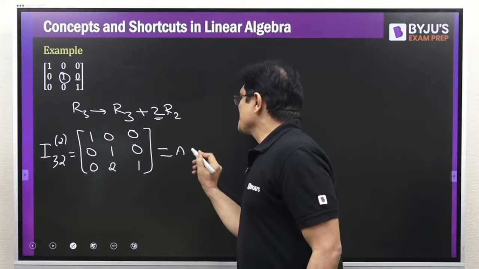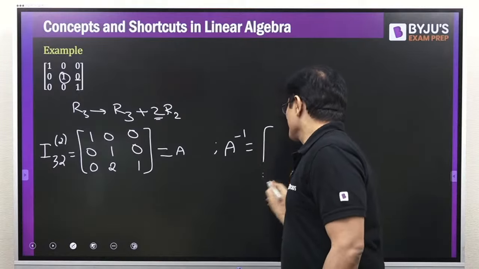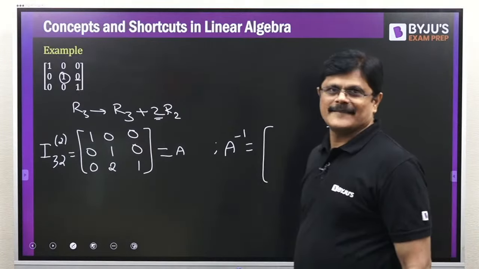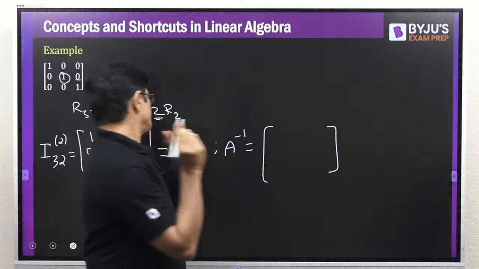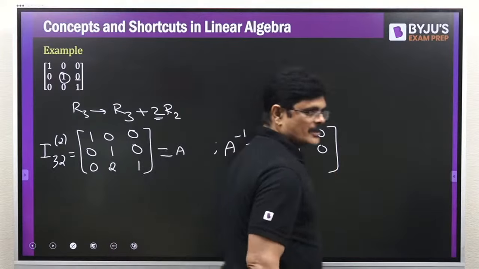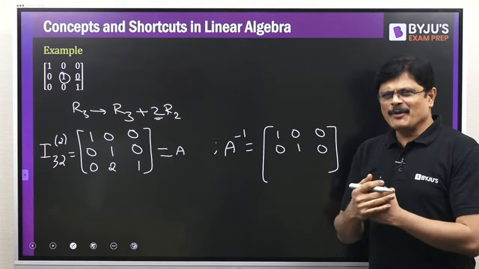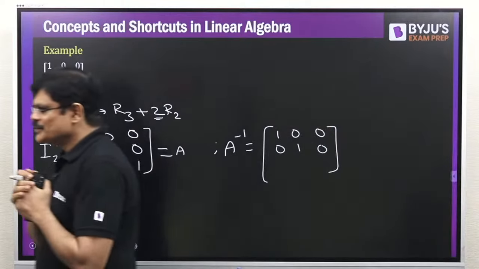Suppose it is A, and you know what is the inverse of this? If you identify that, you know what is the inverse of it? Let me write 1 0 0, 0 1 0. Is it same or different? Same or different? Ooh.